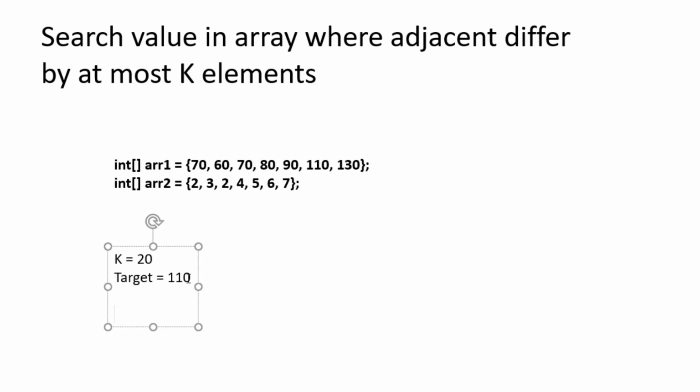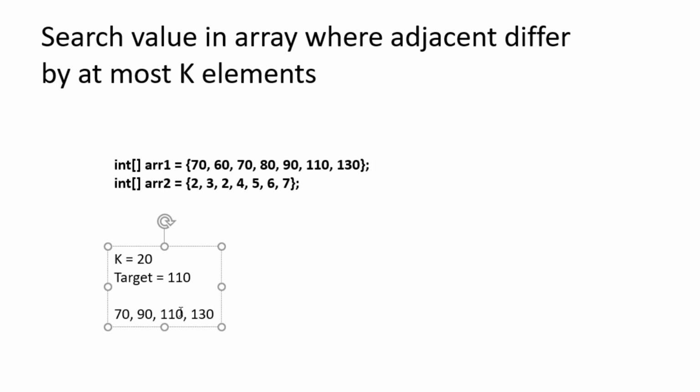It could be 70, then 90, then 110, then 130. So this 110 can be reached in two indices: 70 to 90 with a difference of 20, then again 90 to 110.